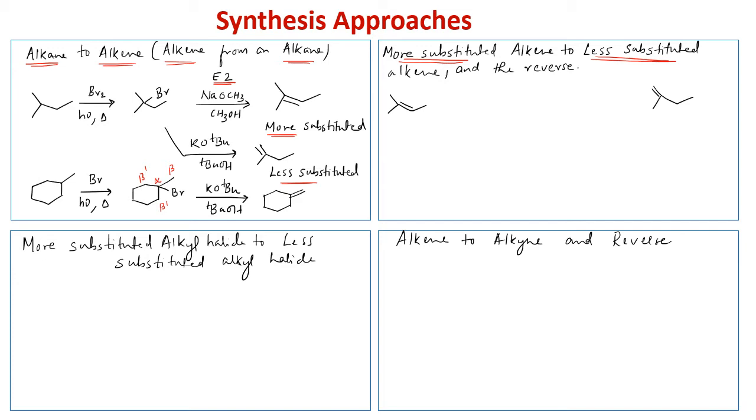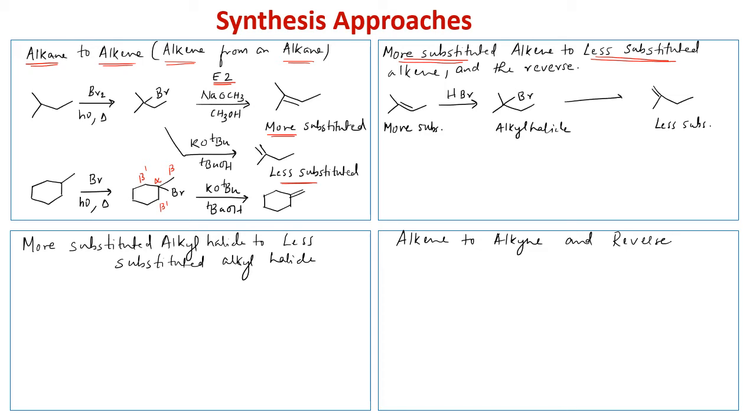Whenever you have this problem of going from the more substituted to the less substituted alkene, the strategy is to first do a hydrohalogenation on this alkene, which converts the alkene into an alkyl halide.